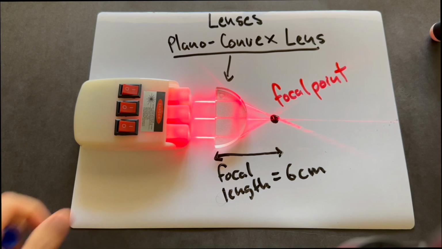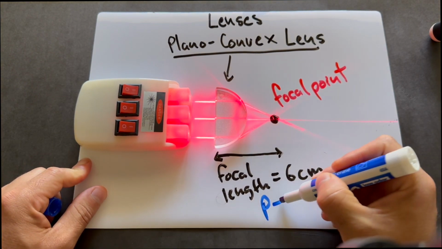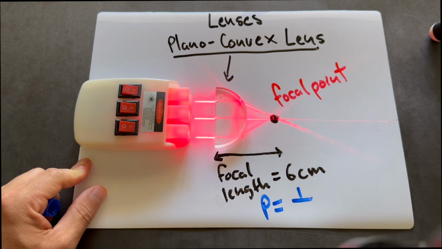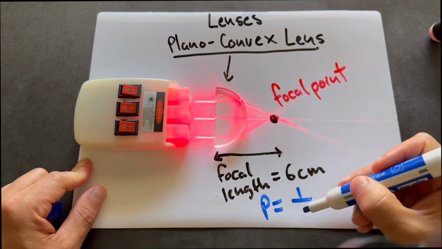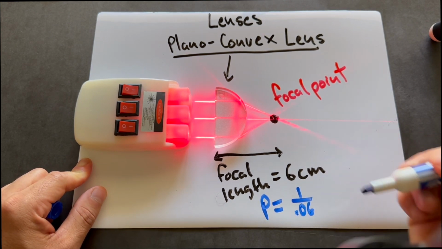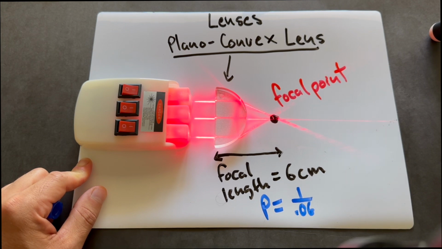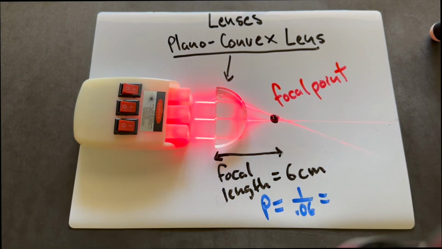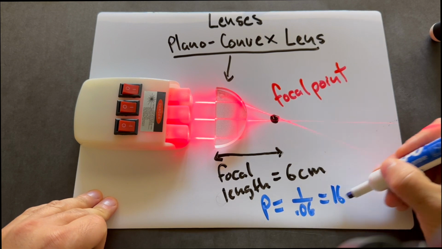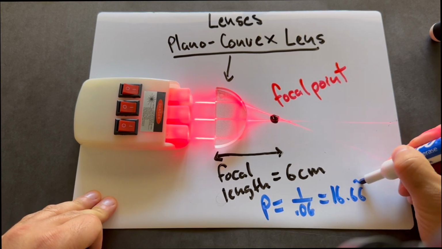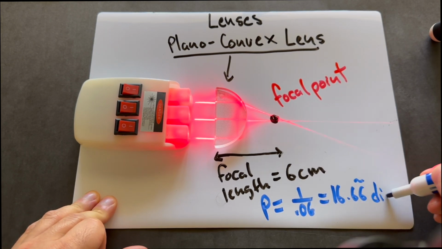So in this case, our power would be equal to 1 over 6 centimeters, but we have to convert that to meters. So it would be 1 over 0.06, which would give us 16.66, and the unit of measure is diopters.